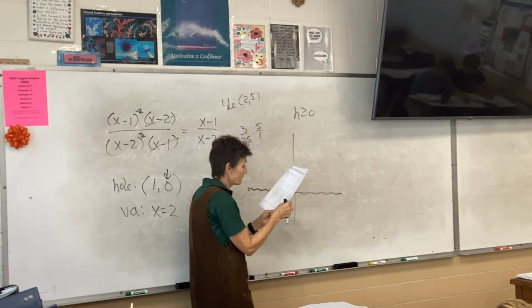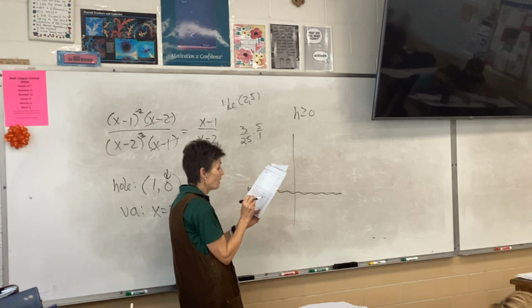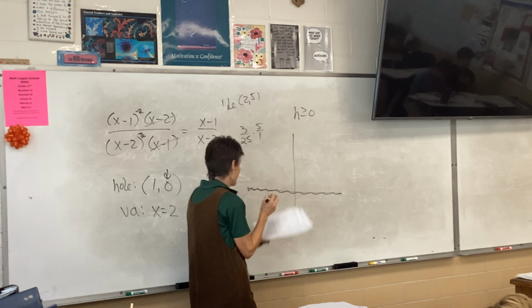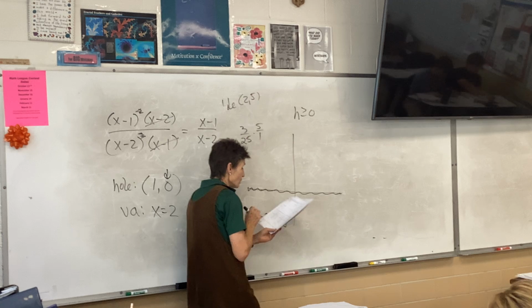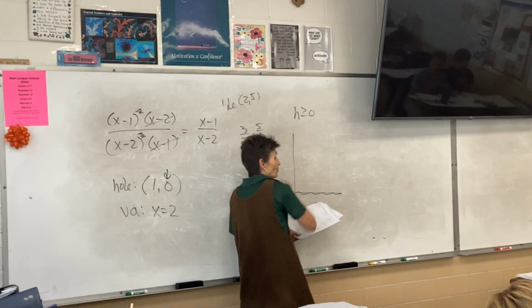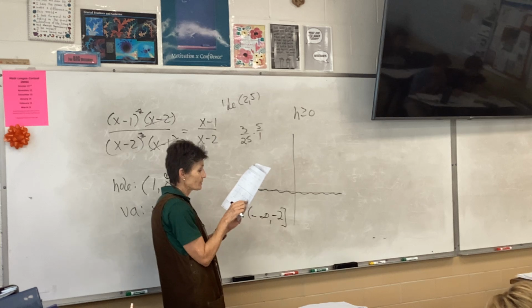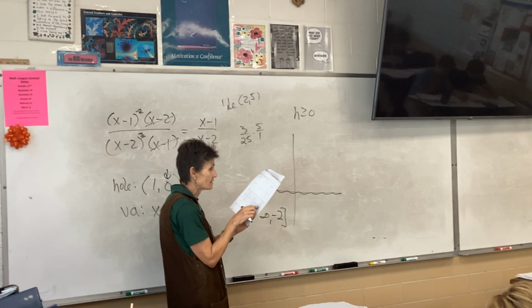So when I look at that, it looks like from negative infinity to -2. Would you agree with that? And I'm gonna include that -2 because that's an or equal to. Now where else? It looks like between -1 and 0.